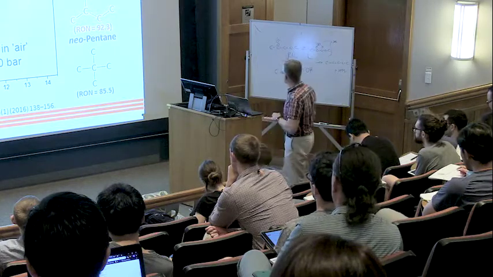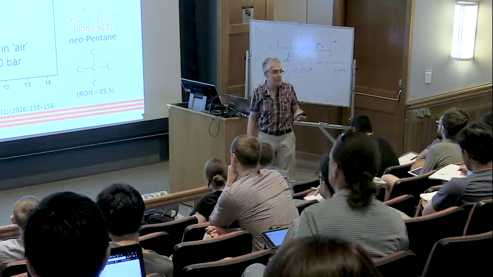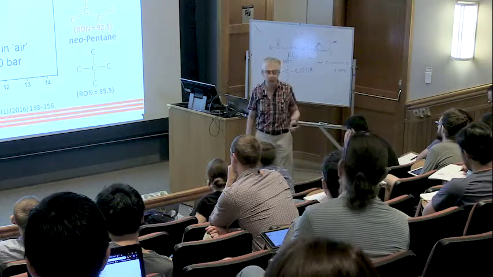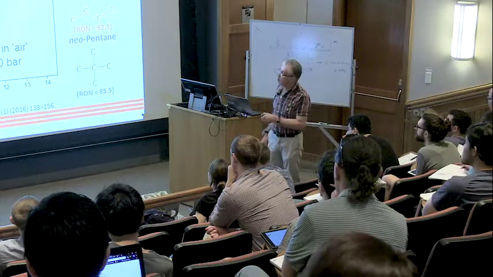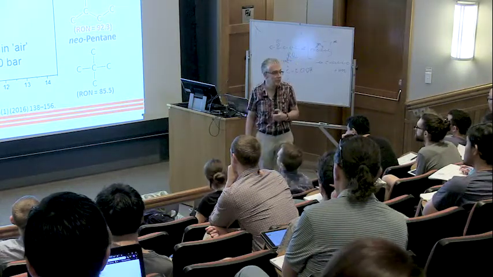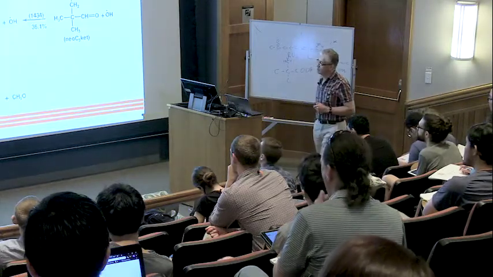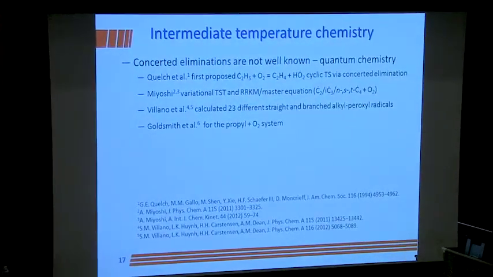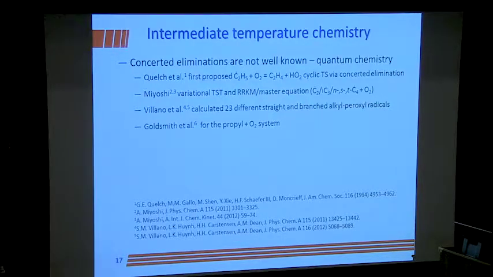So you get a lot of isobutene from neopentane, which you don't get from N-pentane and isopentane. Okay? And that's decreasing reactivity up here. But the reason that this is slower here is because we're not getting any concerted elimination.